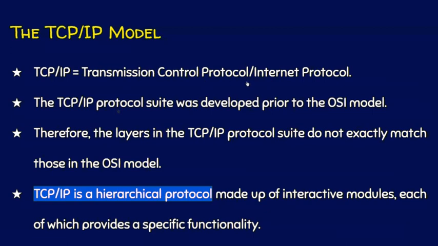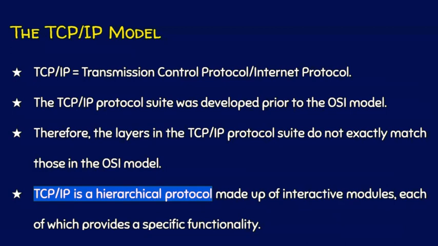The TCP/IP protocol suite was developed prior to the OSI model. Before the OSI model was developed, the TCP/IP protocol suite was developed. Therefore, the layers in the TCP/IP protocol suite do not exactly match those in the OSI model. TCP/IP is a hierarchical protocol made of interactive modules, and each module provides a specific functionality.